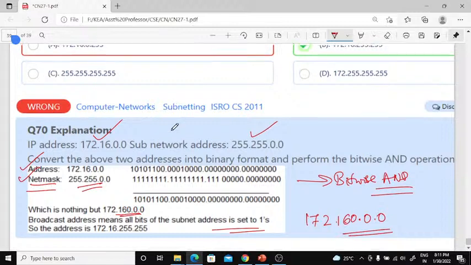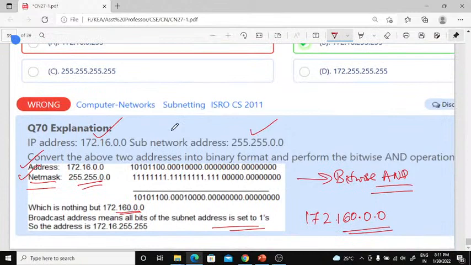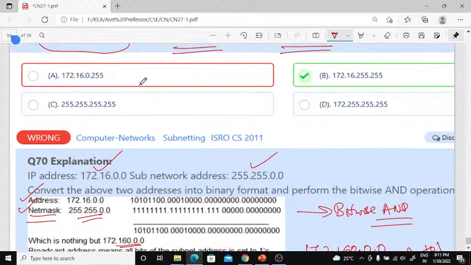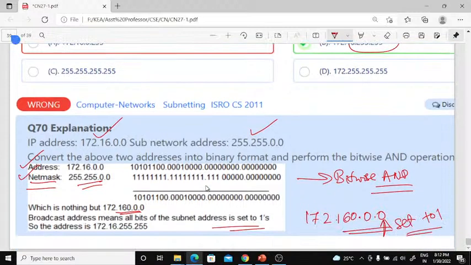Here it is 172.16, not 160. So those bits are set to 1, and that gives the broadcast address.